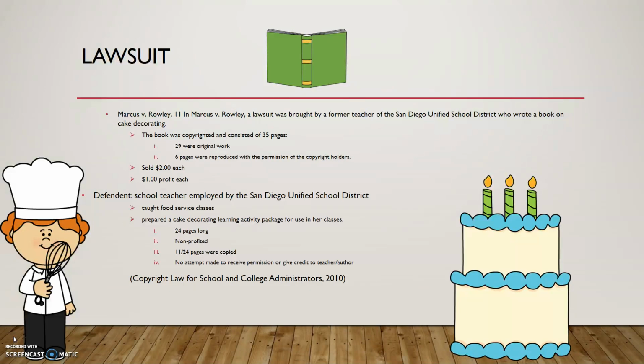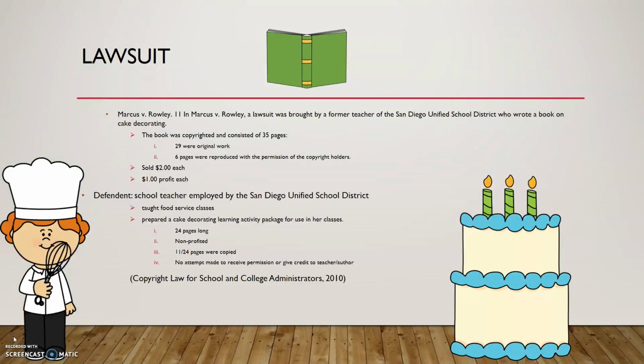The book was copyrighted and it consisted of 35 pages. 29 of the pages were original work, and 6 pages were reproduced with the permission of the copyright holders. The former public school teacher sold the book for $2 each and made $1 profit from each book.